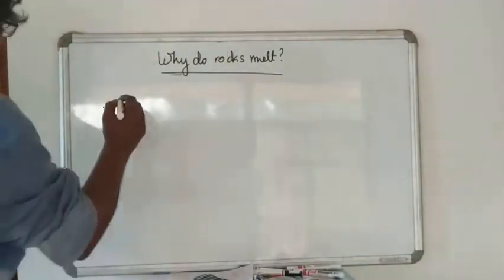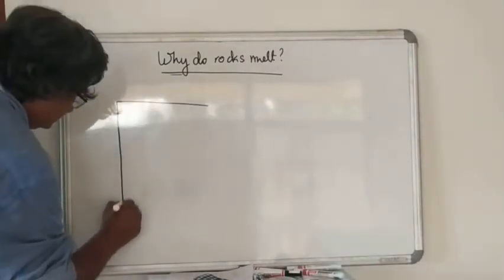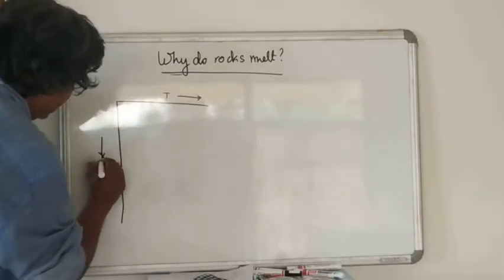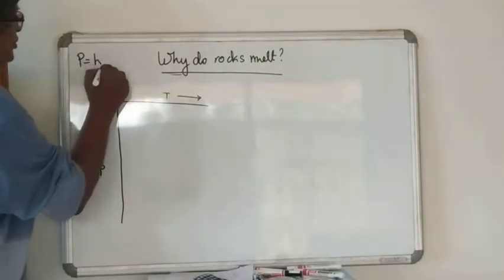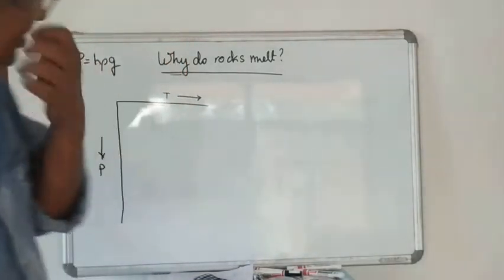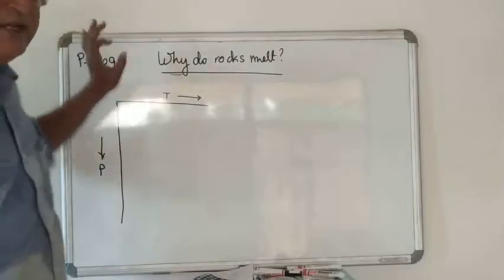I draw a figure here. This is temperature and this is pressure. That means depth. P is equal to H rho G. The pressure exerted at any point is equal to the height times the density times the acceleration due to gravity, that is, depth.